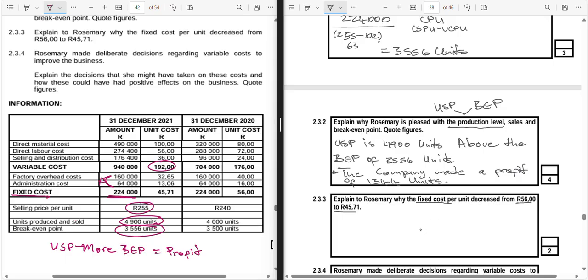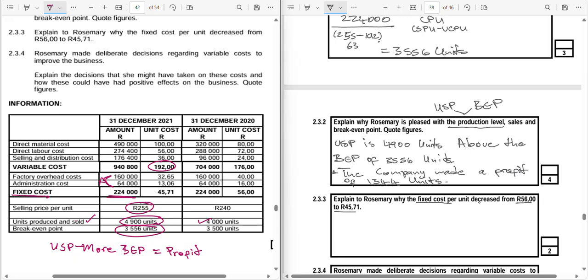So you are going to talk about the production, the units sold and produced. It has increased. When units sold and produced increased and the fixed cost per unit decreased, it means the company is enjoying economies of scale.